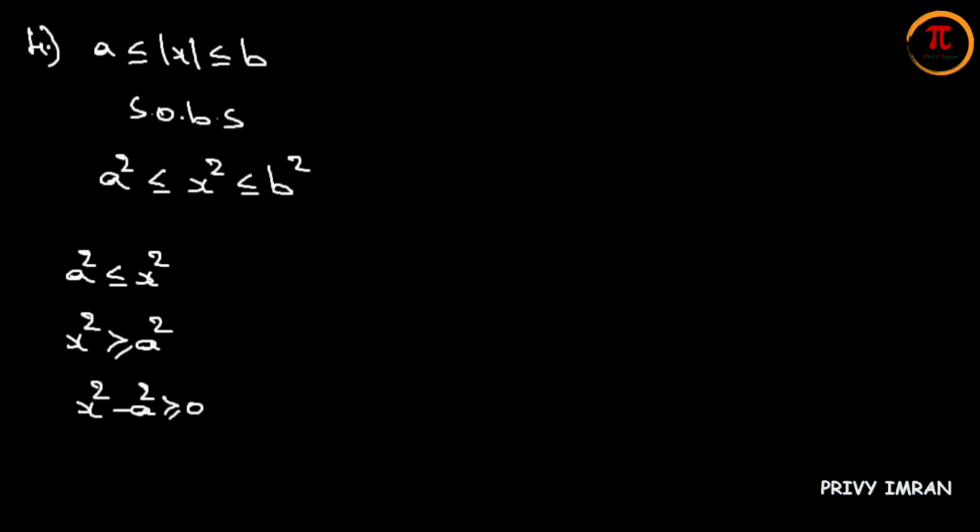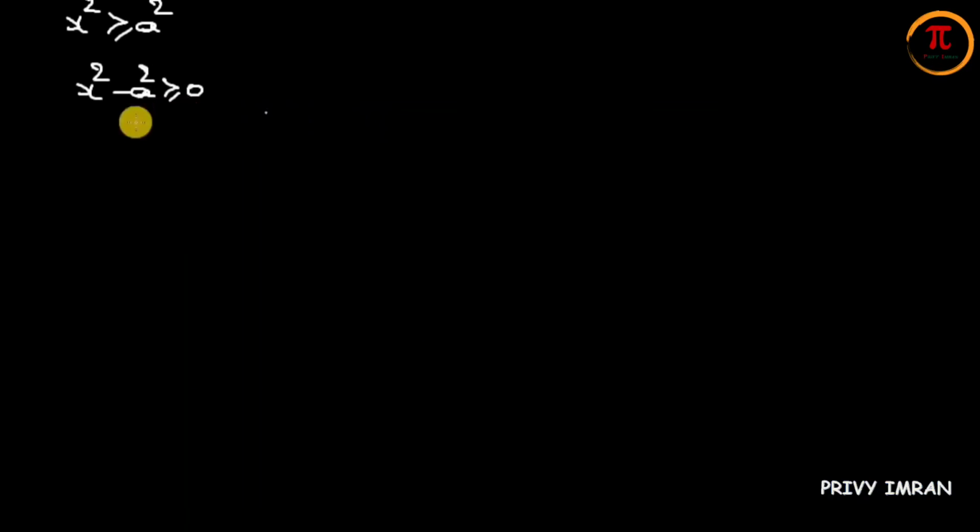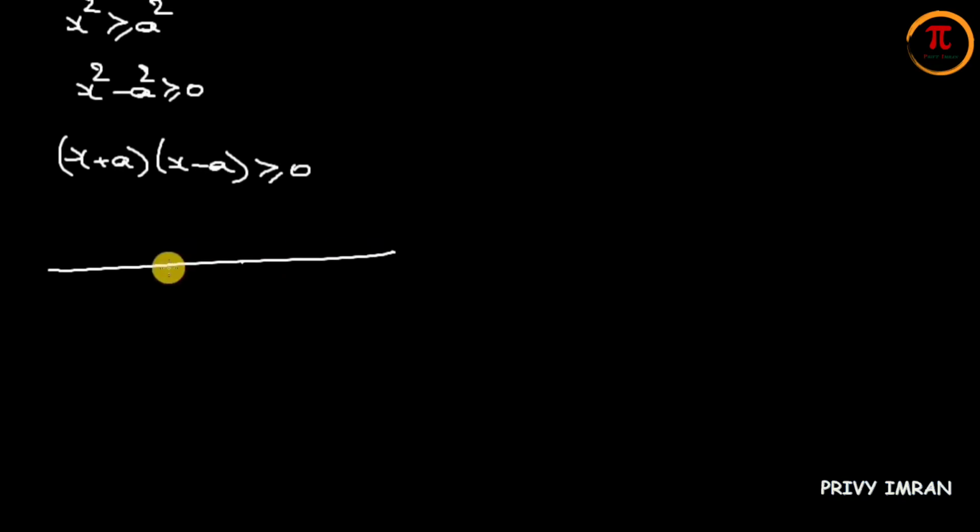Now it can be written as x plus a into x minus a. X plus a into x minus a is greater than or equal to 0. Now if you observe on the number line, minus a and again plus a. Here this function is positive. You can observe here greater than or equal to 0.